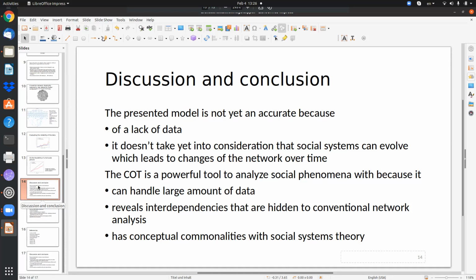So Thomas is often holding talks on this, and yeah, we have these conceptual commonalities with social systems theory that just cry for the application of chemical organization theory to this.